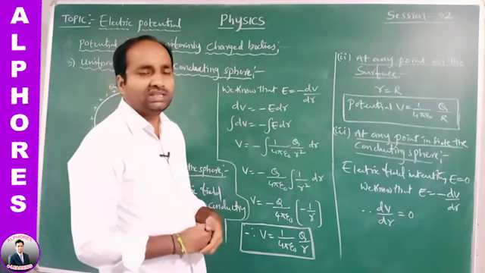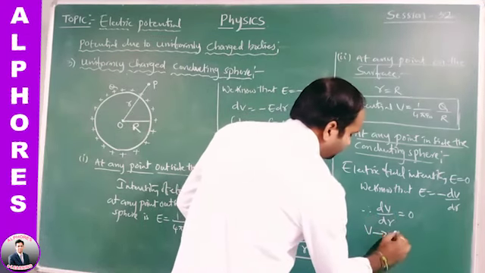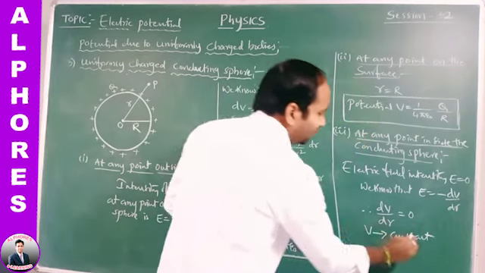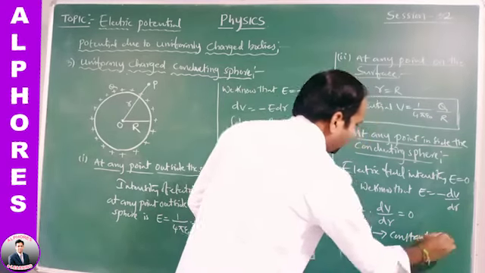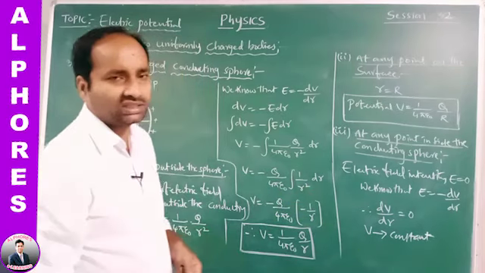Derivative of V is equal to 0 means V is constant.